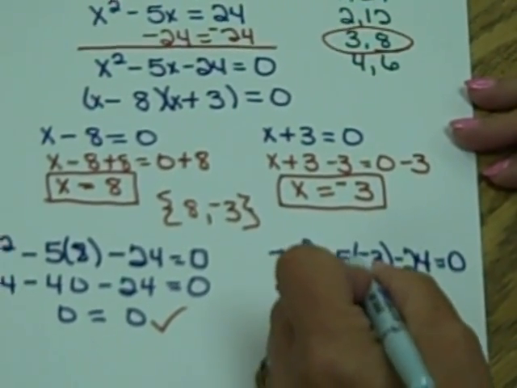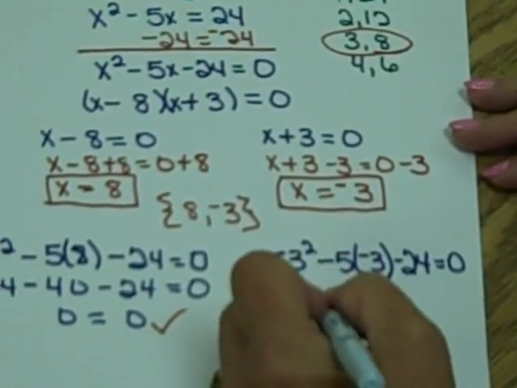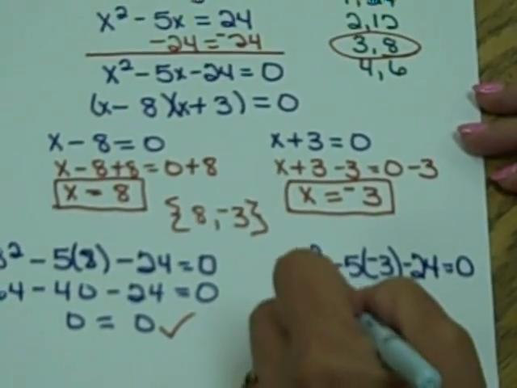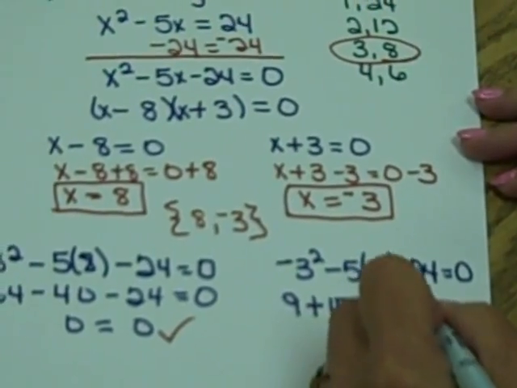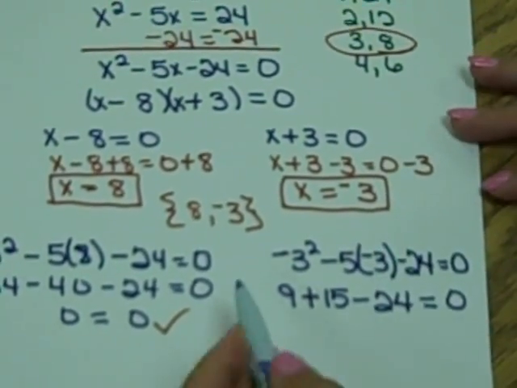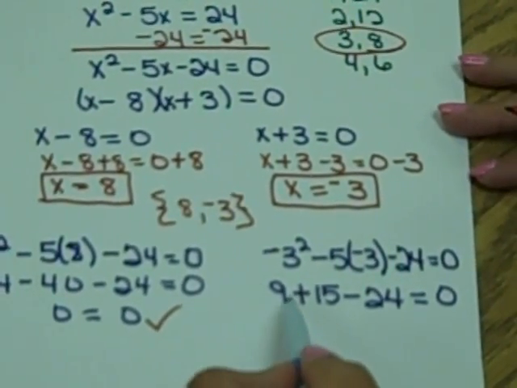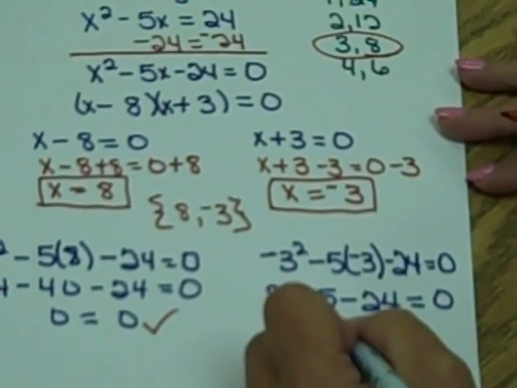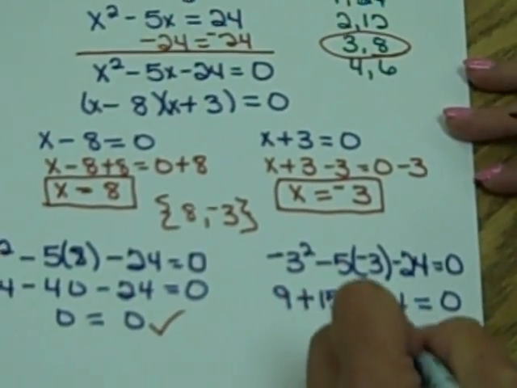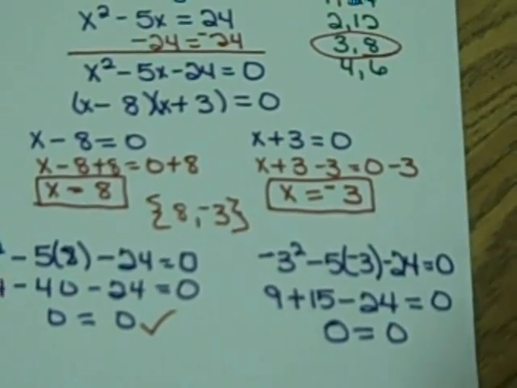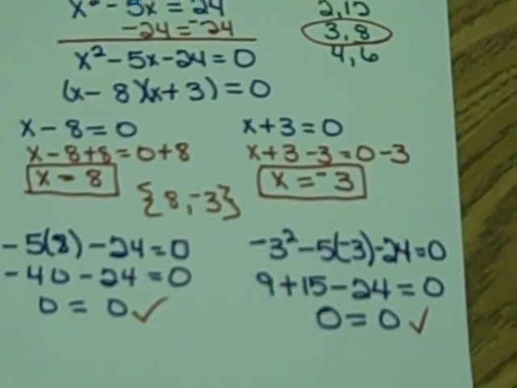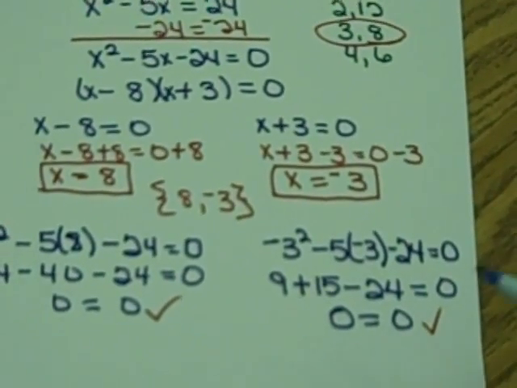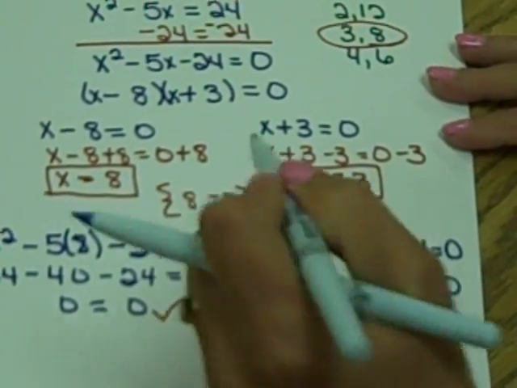Negative 5 or minus 5 times negative 3 is going to be positive 15 or plus 15 minus 24 equals 0. And if you work this out, 9 plus 15 minus 24 equals 0, and 0 equals 0. So we know that negative 3 is also a solution, and our solution set is correct.